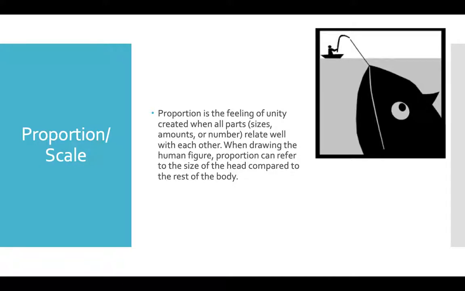Sometimes you can deliberately change proportions to make a head rather large and then the body small, and that would be part of your emphasis and contrast as well. So proportion is just really how you determine the size of your objects, how many of them, and the number of them.